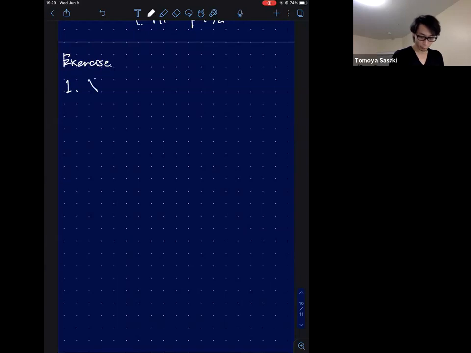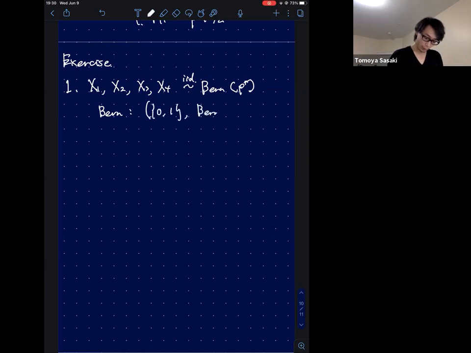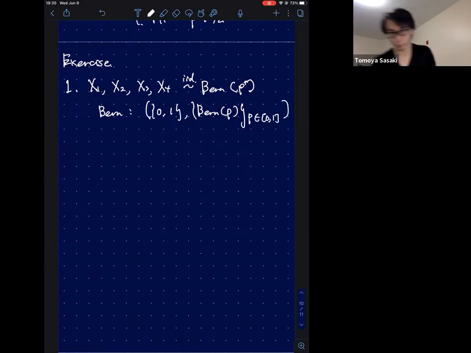For now, we only have 4 random variables, IID, and as usual, we have a sample space of 0 and 1 with parameter P, which belongs to somewhere between 0 and 1 as well.